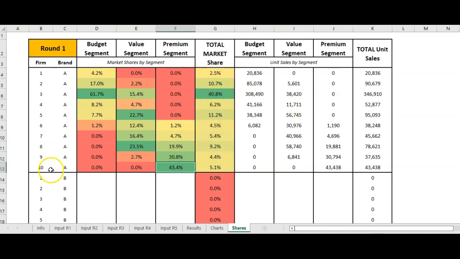For example, firm 10 has a 43% premium share, but only a 5% share overall. So premium adds up to 100,000 sales, and they have 43% of those. But the whole market adds up to 850,000 sales, which is only 5%. But this helps work out who your competitors are, or the student teams.